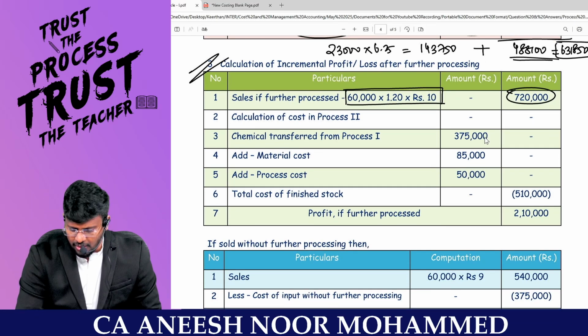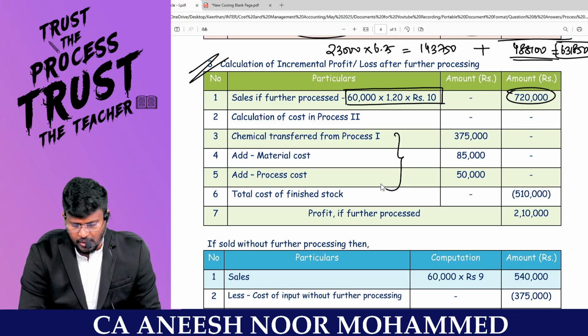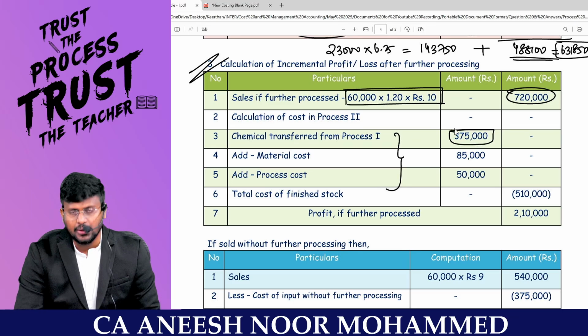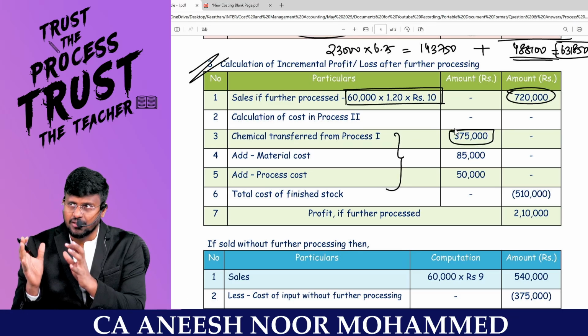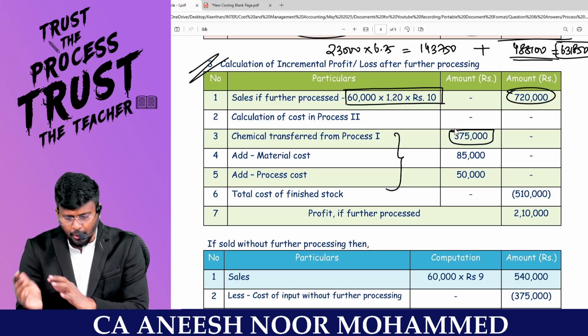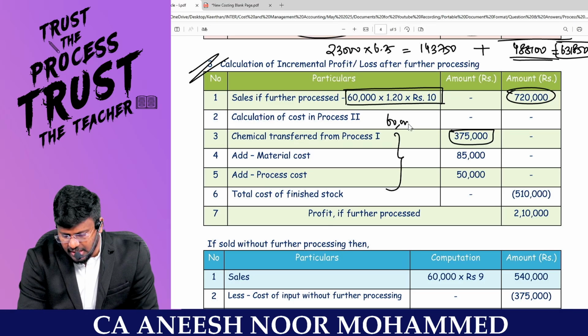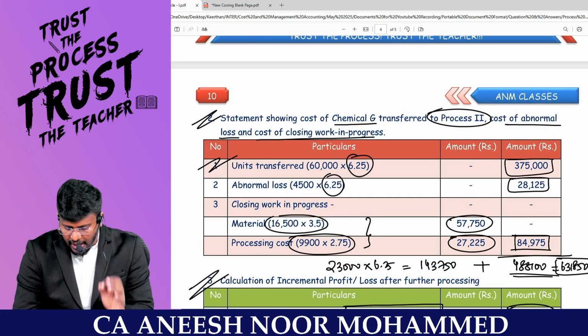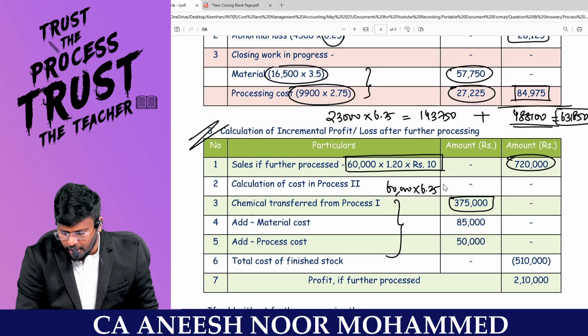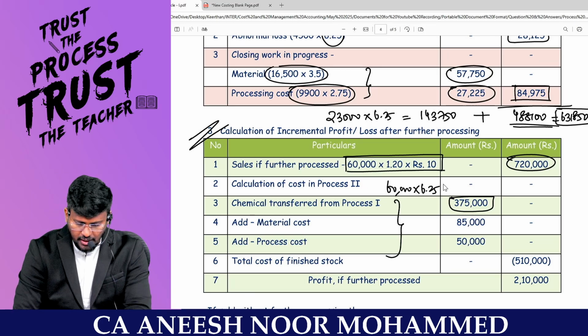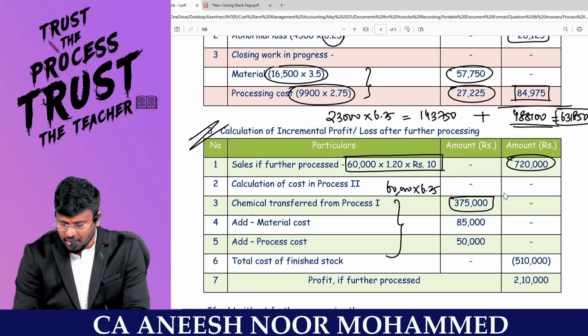So what are the costs incurred, my dear lovable students? 3,75,000 rupees is the cost you have incurred from process number 1, which is nothing but 60,000 kg, and for every kg you have incurred 6.25. So 60,000 into 6.25 comes to 3,75,000.